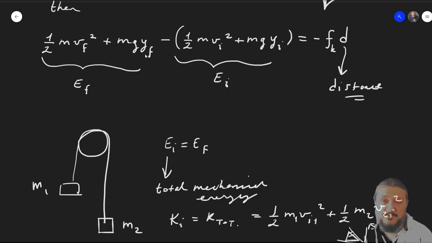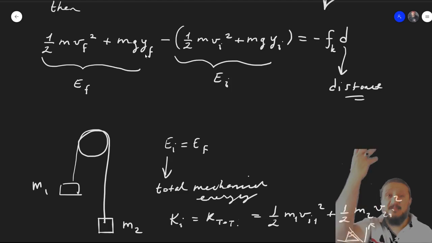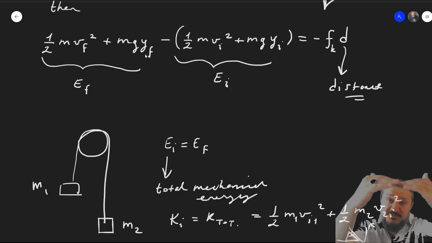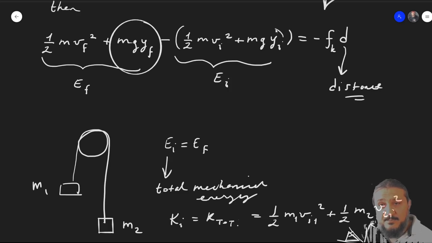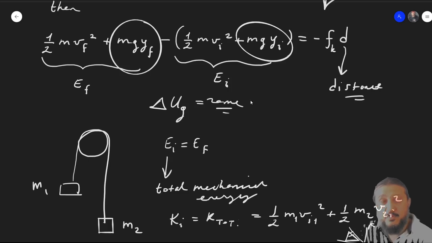You can measure the distance from the floor, which is your origin, or from the ceiling, or your initial position, or your final, or any other you can think of. Write down the change in the gravitational potential energy, mg y final minus mg y initial. That delta UG will always be the same, whether you pick the floor, or the ceiling, or any other point. The difference is always the same.